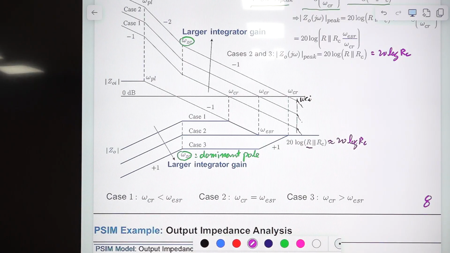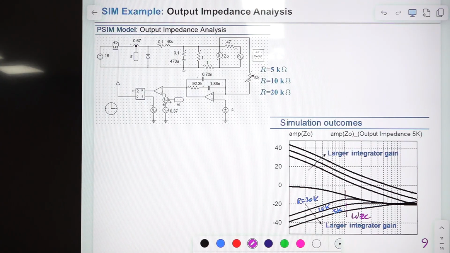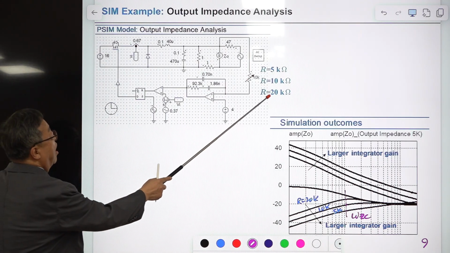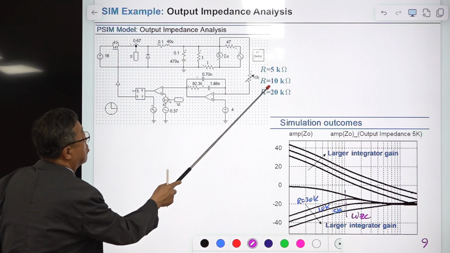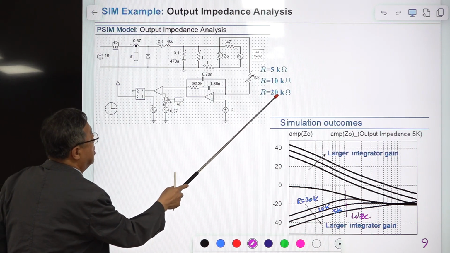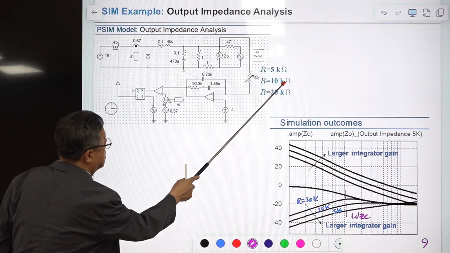Okay. Simulation result. This is a setup to simulate the output impedance with R as 20. It has the low integrated gain, the middle integrated gain. This was our previous design.